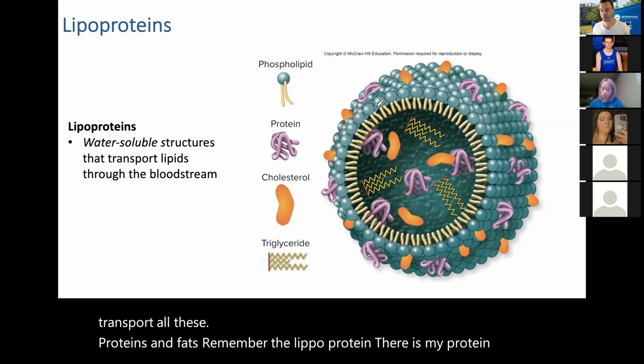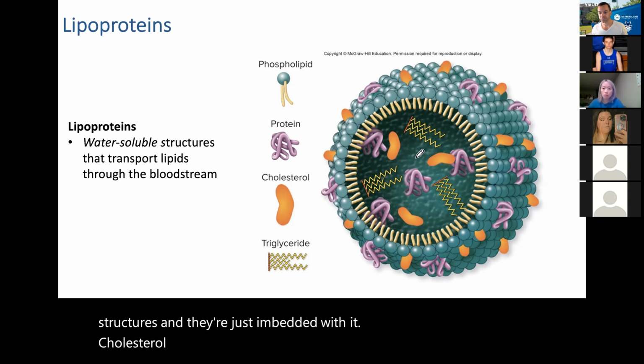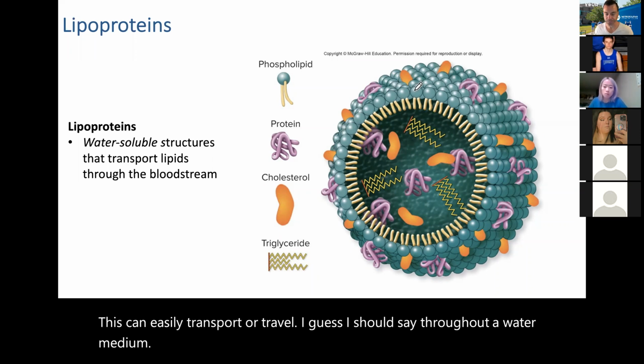Okay, they're just embedded within. Cholesterol and triglycerides. This can easily transport or travel, I guess I should say, throughout a water medium, which is what blood is.